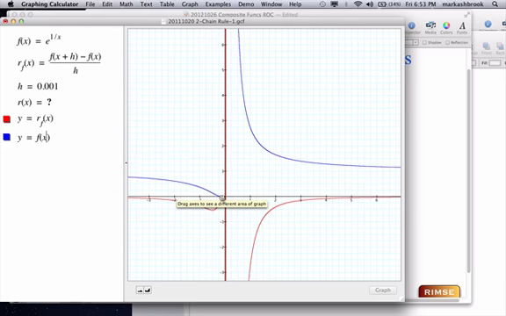Not even close. So this is the idea that we need something different, so that this is a composite function, right? The interior function, 1 over x. The output of 1 over x then is the input into e to the x. So a composite function is a different animal than just plain old e to the x. We don't have this equivalence of the rate of change and the original function.